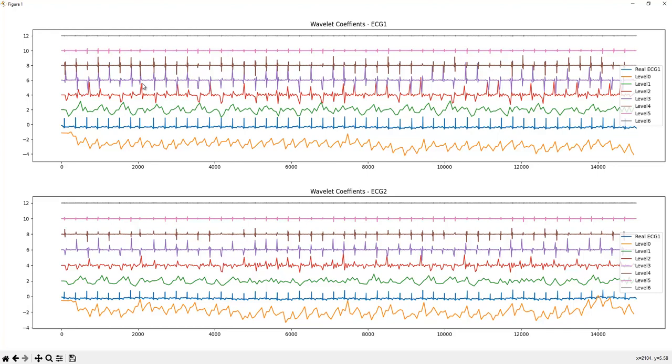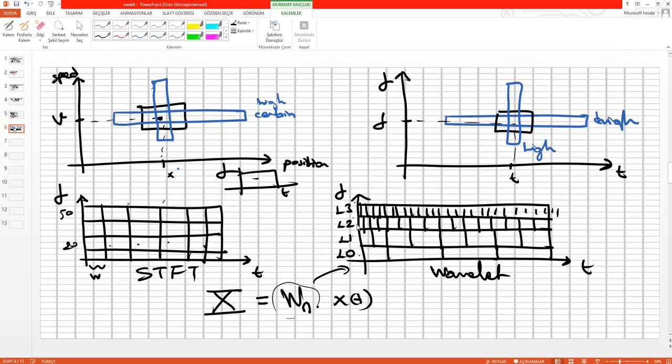We don't see this frequency characteristics, but if we apply the wavelet transform, we can generate these patterns. Just like this one, this is the wavelet transform pattern.